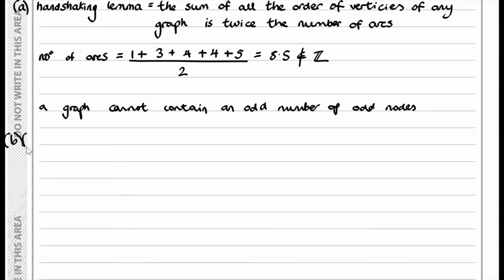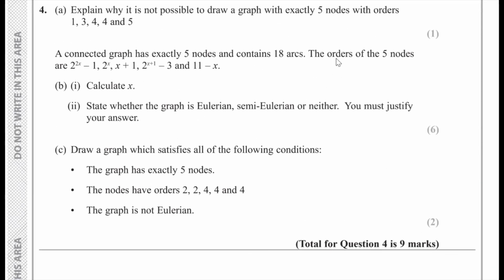Well, again, using this handshaking lemma, if we add up all the orders and set that equal to twice the number of arcs, we were told that we have 18 arcs.